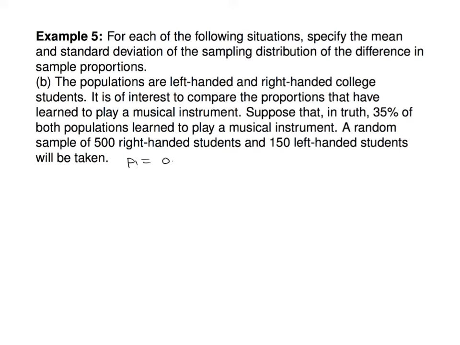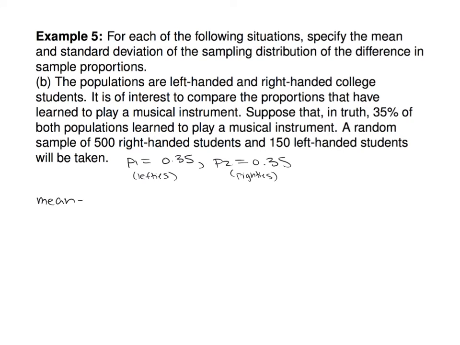So P1 is 0.35. P2 is also 0.35. So we can say that P1 is the proportion of lefties, and P2 is the proportion of righties who have learned to play a musical instrument.